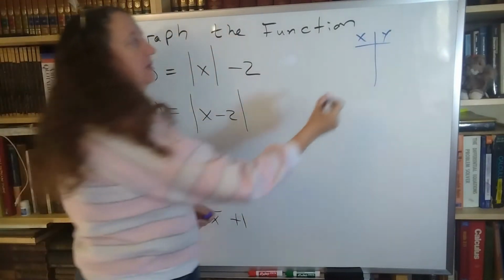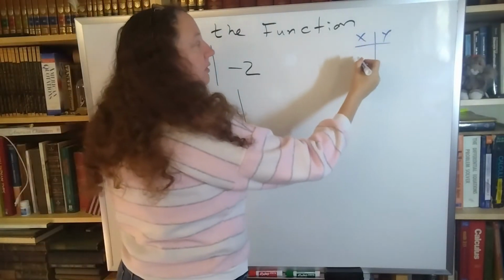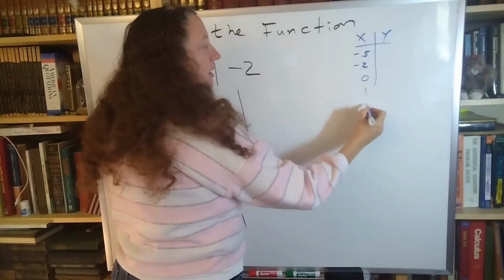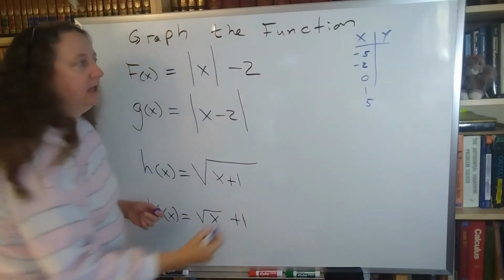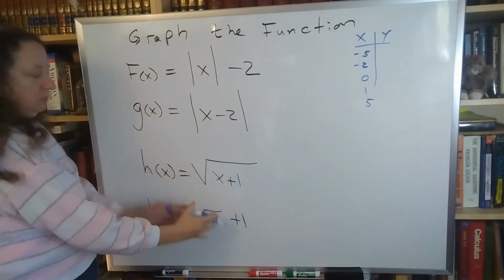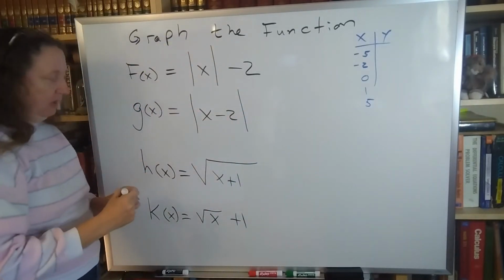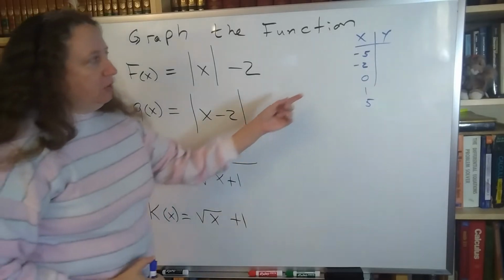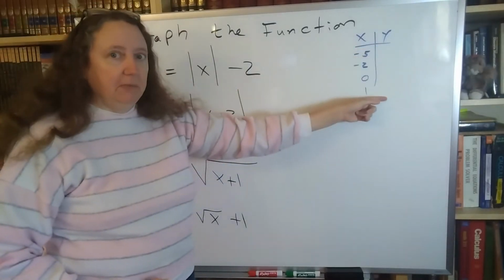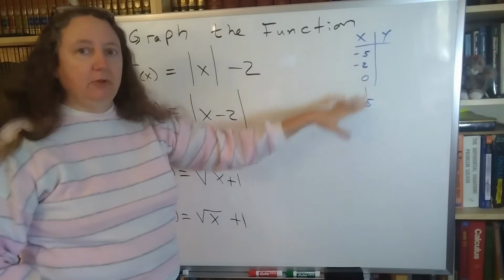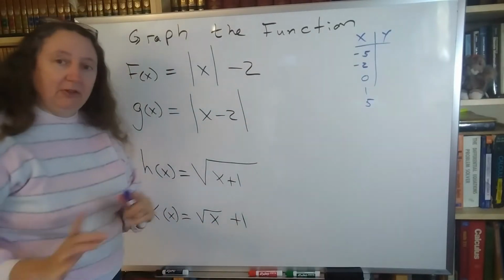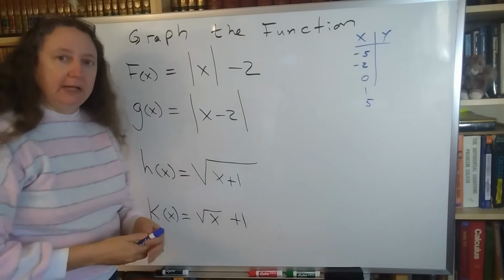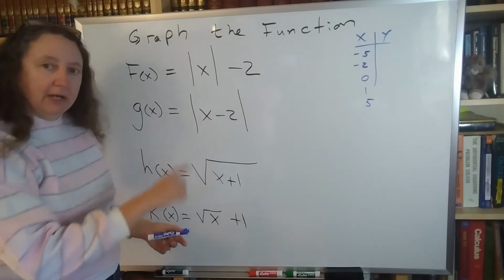And you just choose a number of numbers, so -5, -2, 0, 1, 5, stuff like that, and you work those through your problems. That way it will always work. You will get decimal numbers sometimes, but you will always be able to do this. So if that's the way you want to do it, you should already know how to do that from doing straight line equations and from doing quadratic equations.